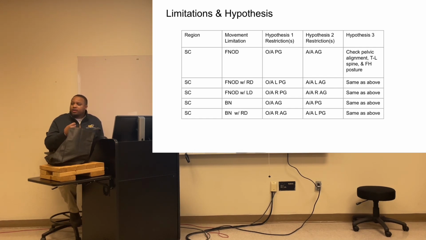So now we're going to have a compensatory strategy at the subcranial spine for someone to try to keep their head forward or to achieve movements such as forward nod in the sagittal plane.